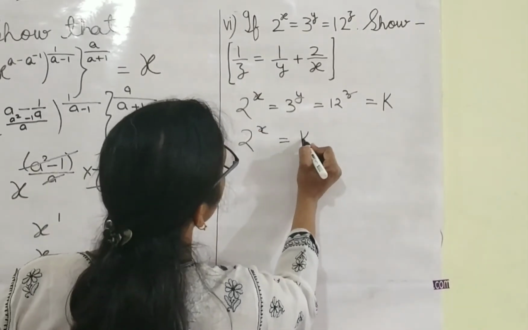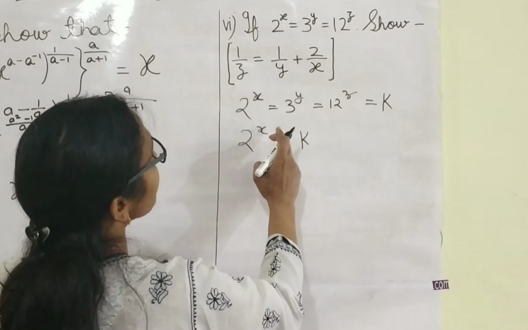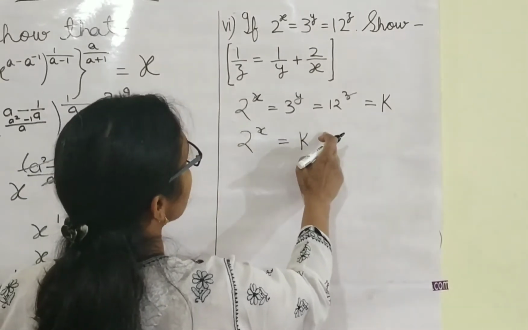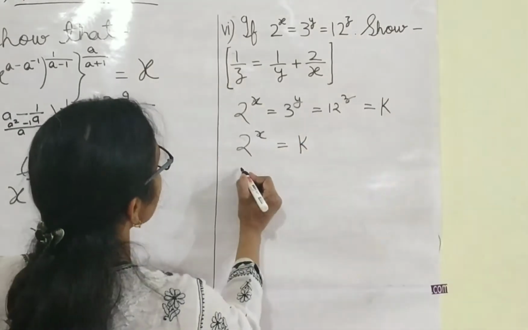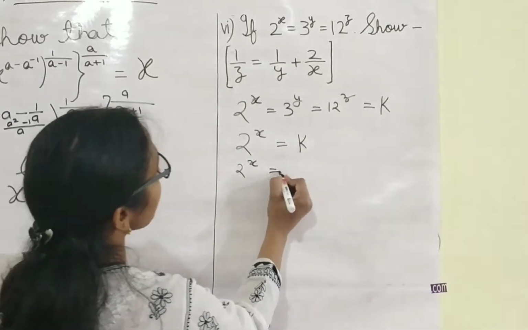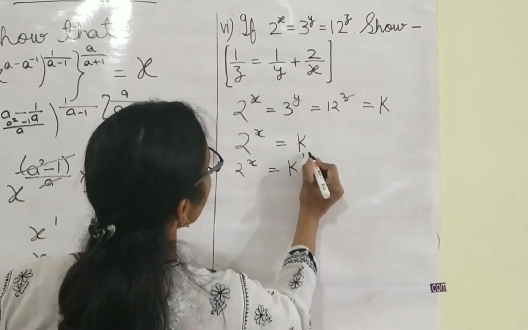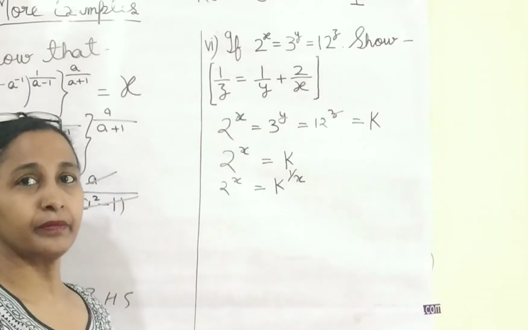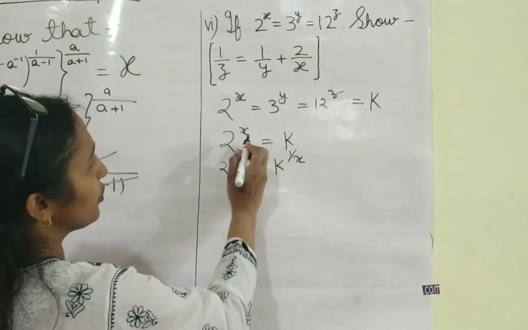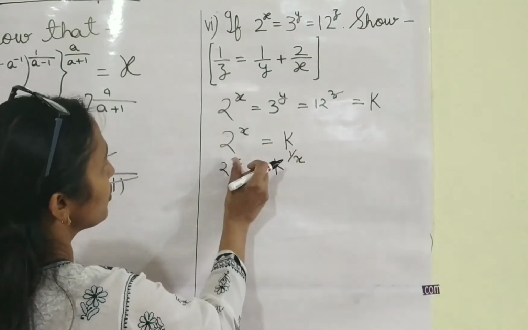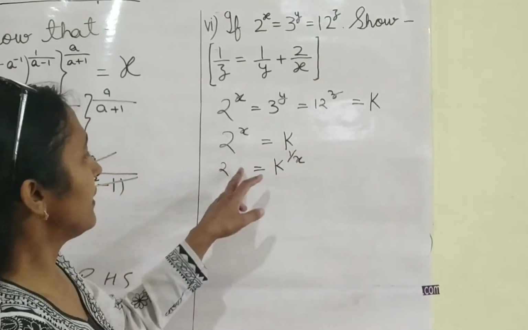2 power x equals k. Dividing the power by x, dividing the powers both sides by x, means 2 power x equals k power 1 upon x. Sorry, since we are dividing both sides by x, 2 to the power 1 will be left here.